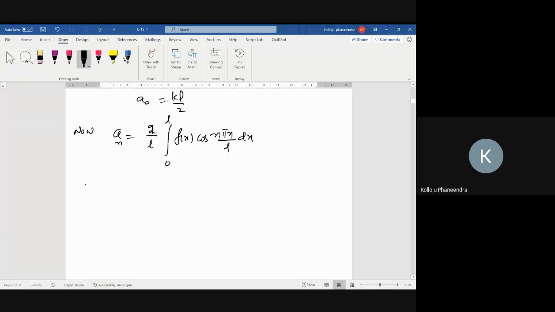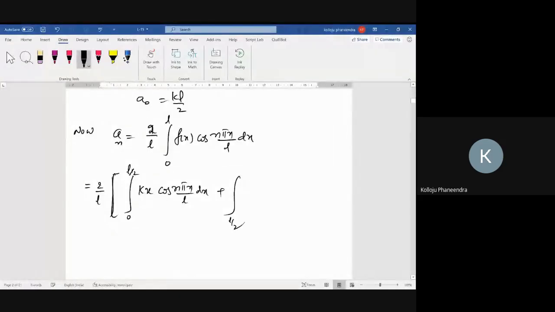Now 0 to L, again two parts: 2 by L, 0 to L by 2, the function is kx into cosine n pi x by L dx, plus L by 2 to L, k into L minus x into cosine n pi x by L dx.